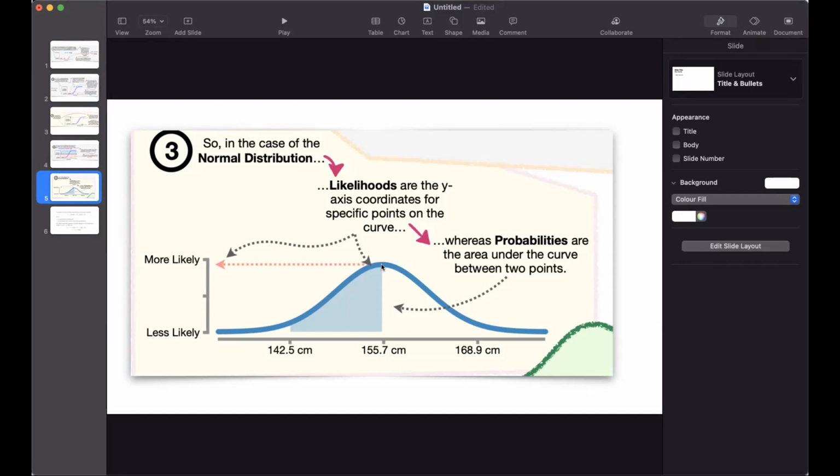It's in some sense the height of the curve, the y-axis value at that one particular point. That's it. Even for continuous distributions? It's only for continuous distributions. I mean, in general, all of... Okay, we haven't gone to discrete yet.